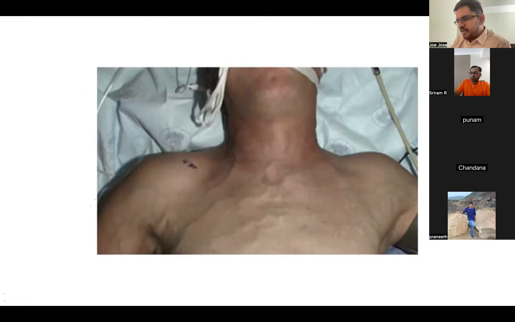So that is how you'll manage a case of SVCO that presents to you: stabilize the patient, do imaging and biopsy, look at the histology, give chemotherapy alone or chemotherapy plus RT, or if it is life threatening, go for stenting right away. I think that sums it up regarding this particular case.